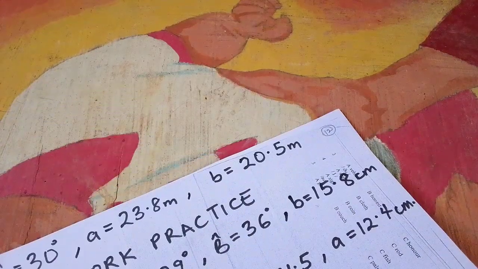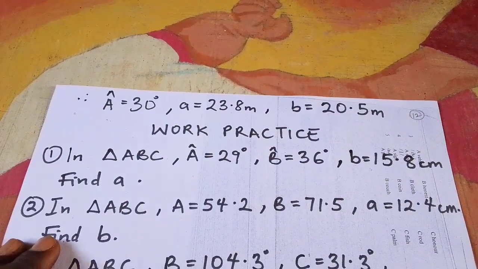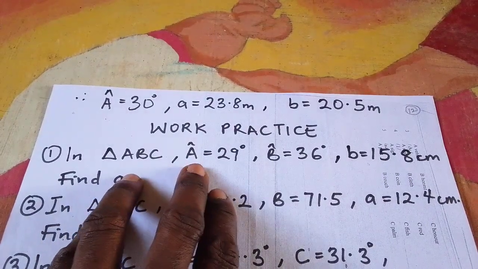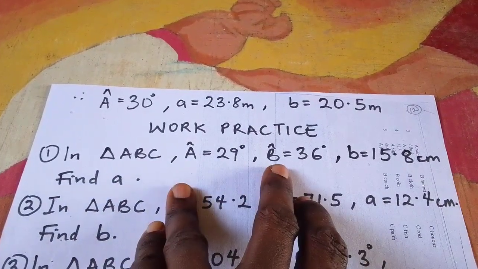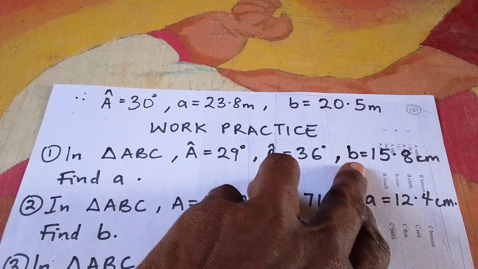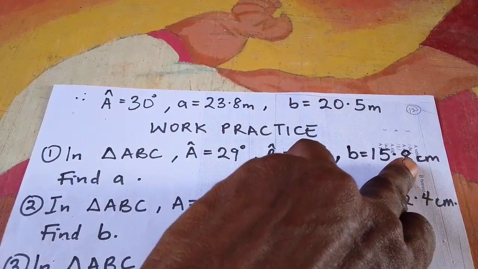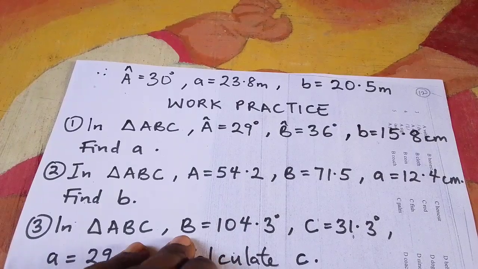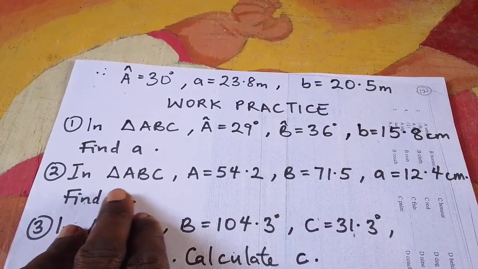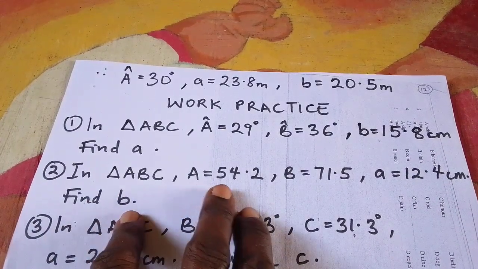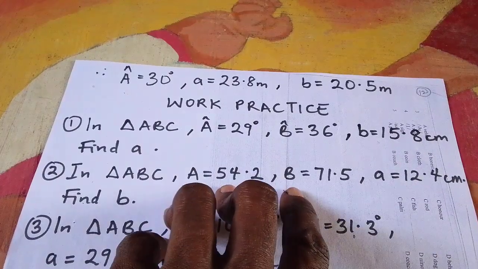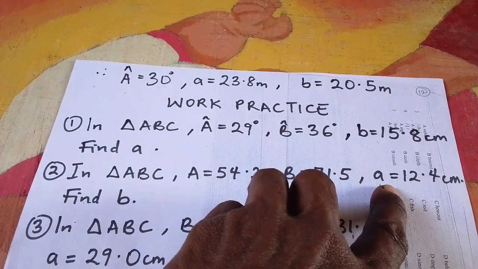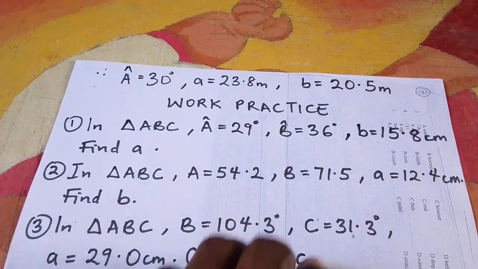For the work practice, number 1: in triangle ABC, angle A is 29 degrees, angle B is 36 degrees, and side B is 15.8 centimeters. Find A. Number 2: in triangle ABC, angle A is 54.2 degrees, angle B is 71.5 degrees, and side A is 12.4 centimeters.